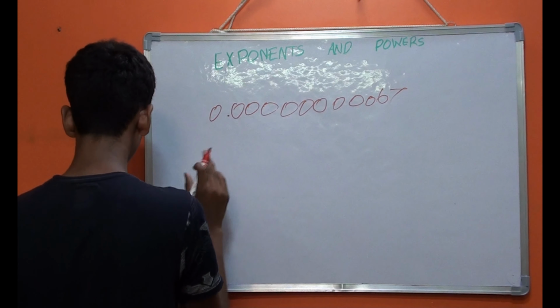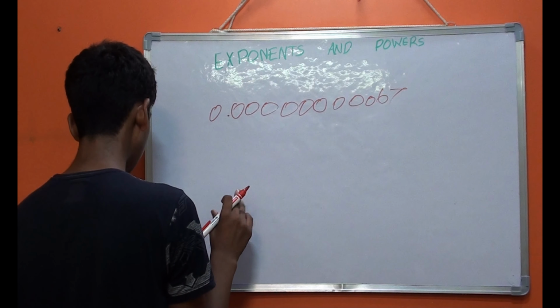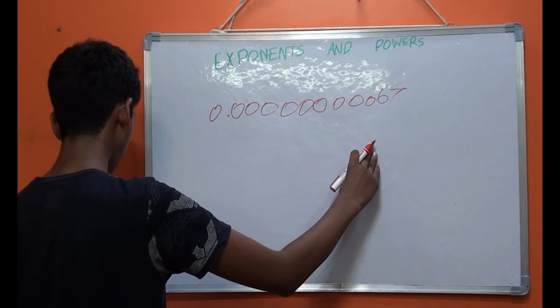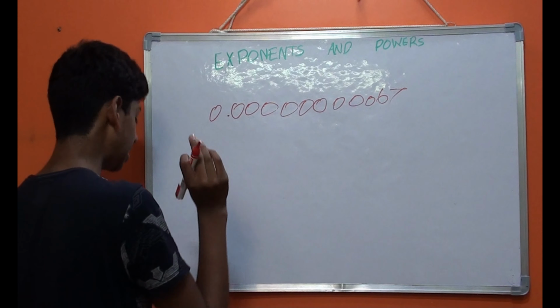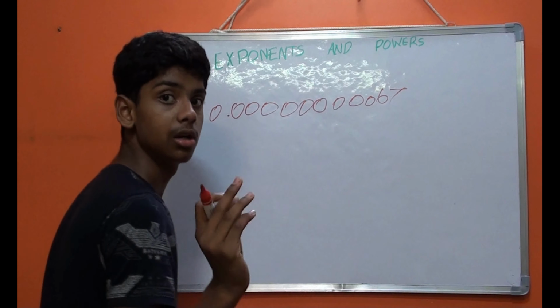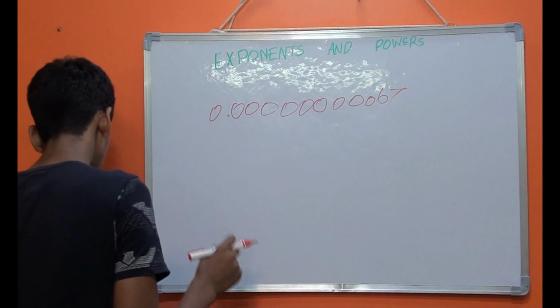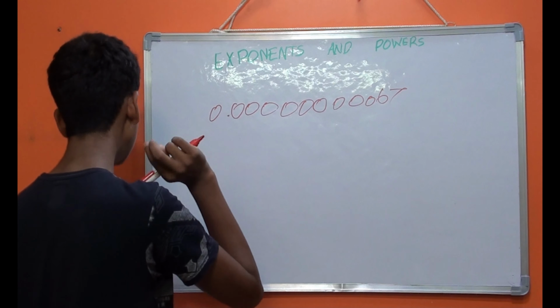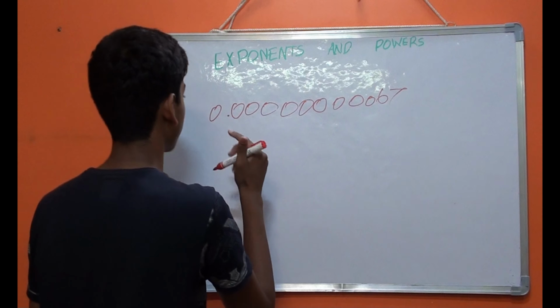Friends, the first point is that a number can be in standard form by writing it as a decimal multiplied by a power of 10. Now I will tell you what that is.